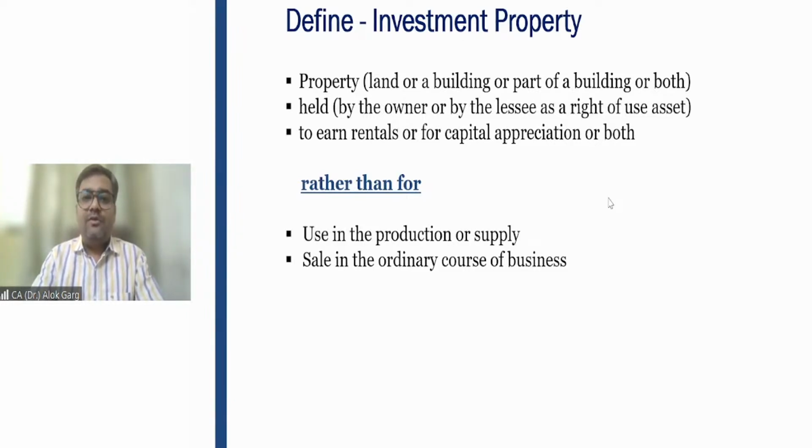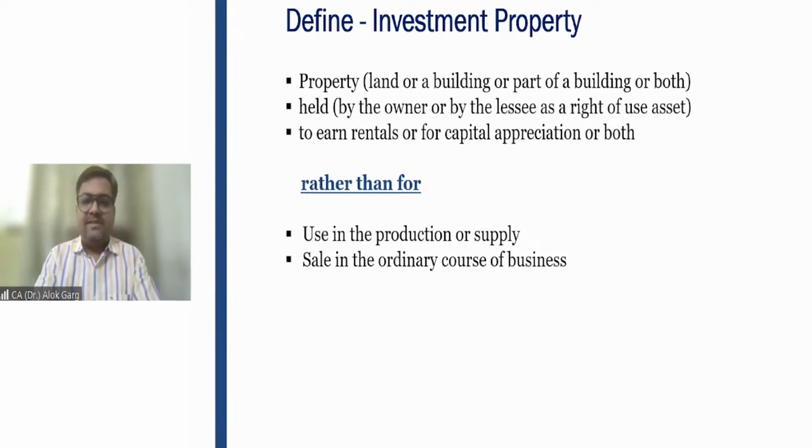Land and building, right? It could be land and building, or land or building, or a part of a land or part of a building. Simple. But technically it is land and building. These are the two assets.